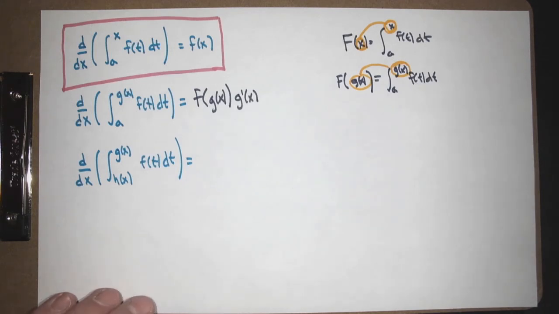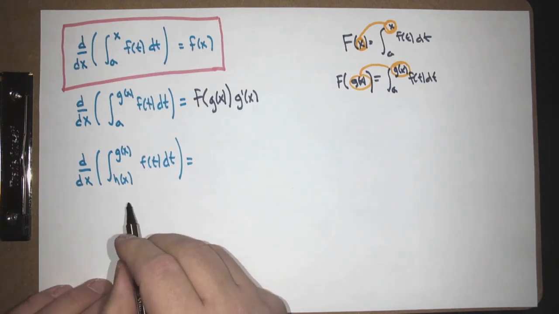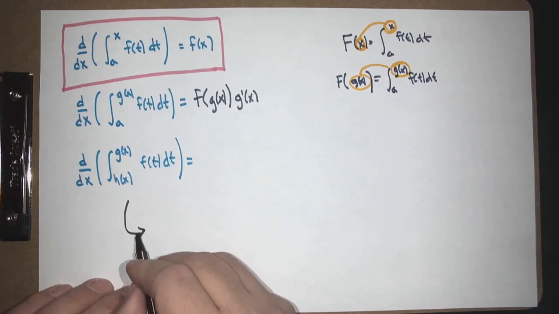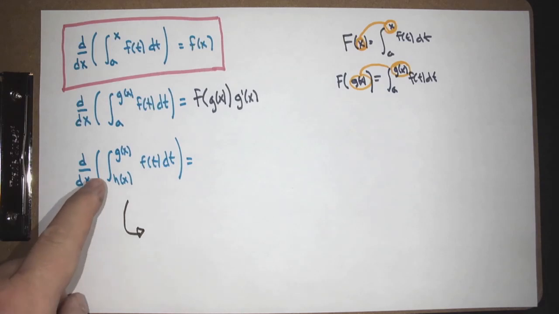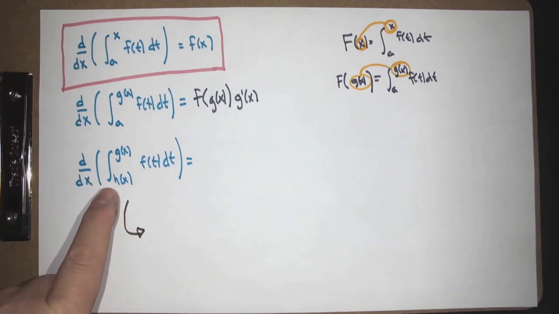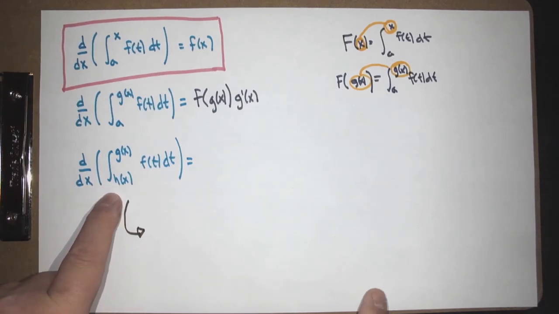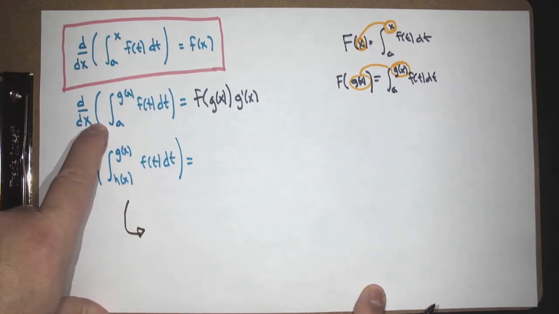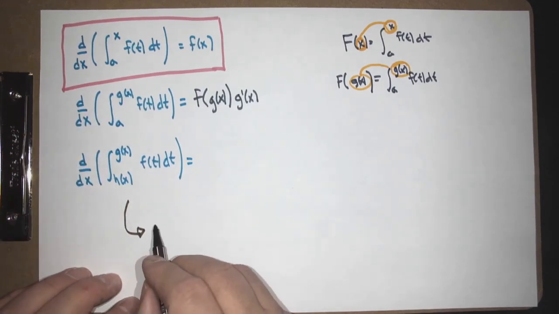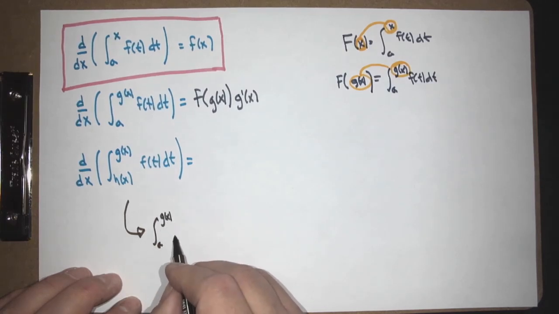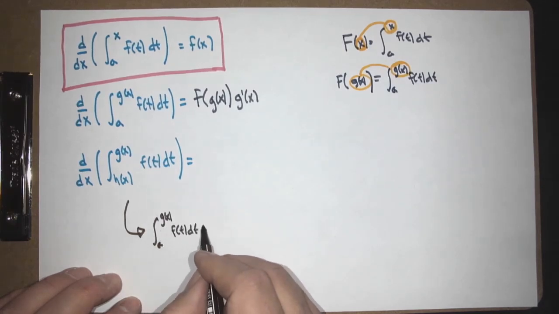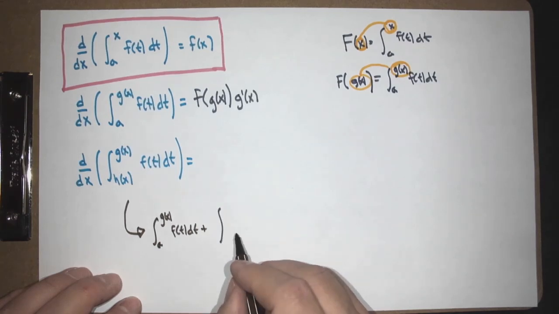Let's think of what we can do. When in doubt, try to reduce it down to something we can do. What's something that looks like this that we know how to do? What's above it, right? A to g of x. So let's say this looks like a to g of x of f of t dt plus something else.